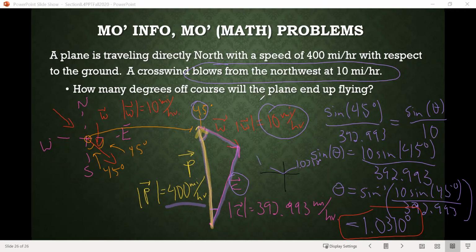But in this case, we get 178.969 degrees, which can't work, because there's also a 45-degree angle already in the triangle, and if we added those two, we'd be over 180 degrees. So the only answer here is 1.0310 degrees.